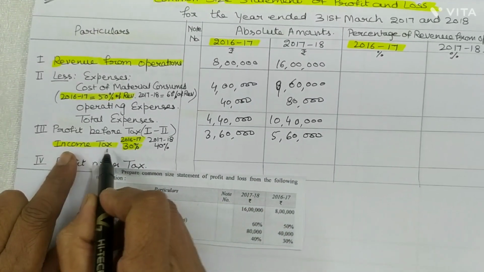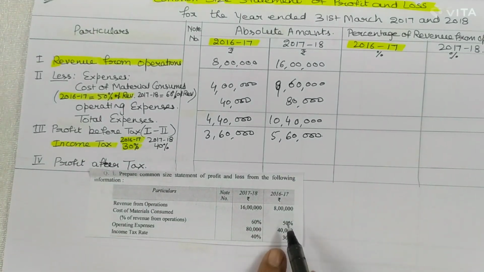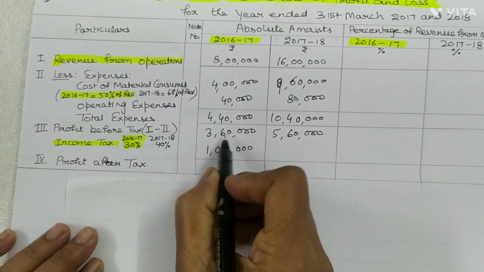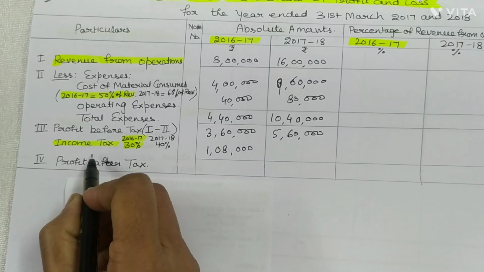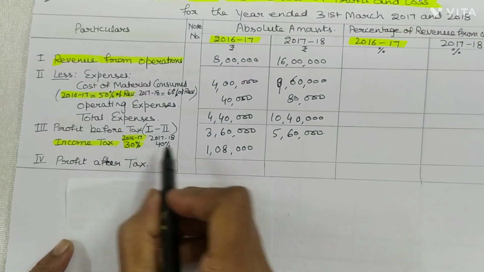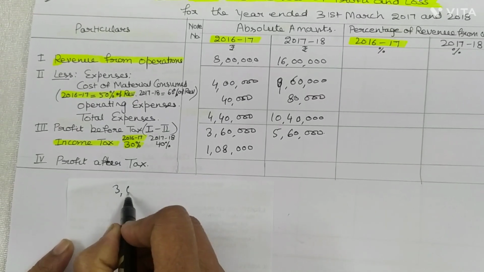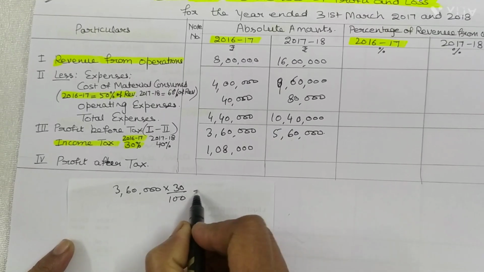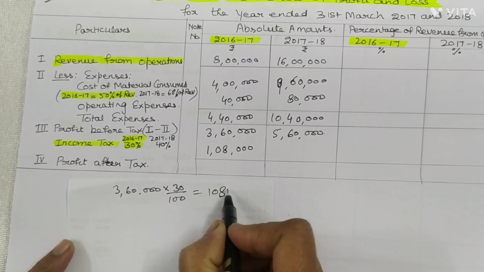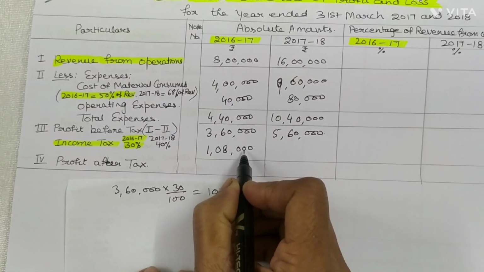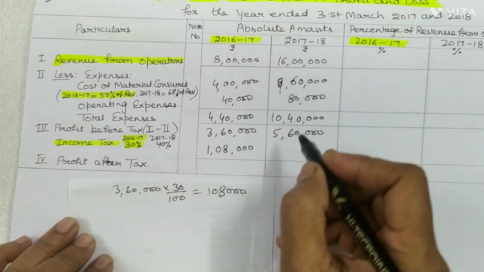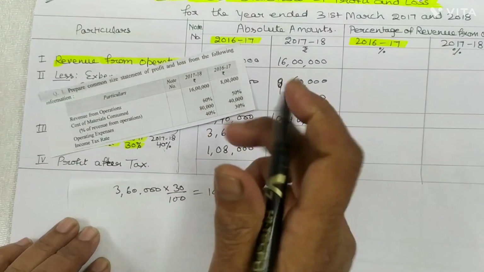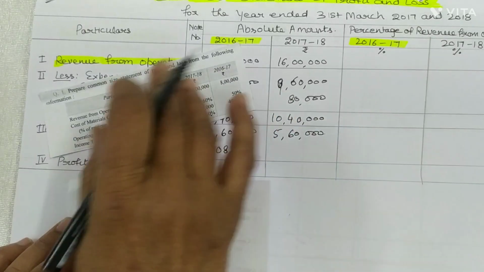Next is income tax. Income tax rate in previous year is 30%. This profit before tax is 3 lakh 60,000 and income tax rate is 30%. So 3 lakh 60,000 into 30% is equal to 1,08,000. Okay, this is the amount. And in case of current year it is 40% of profit. Tax rate is 40%.